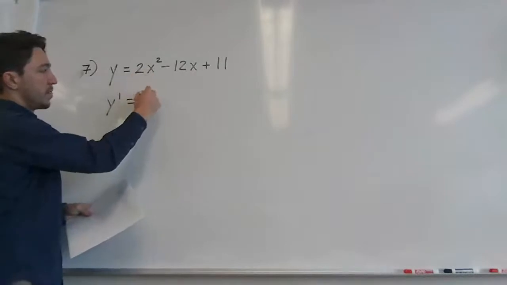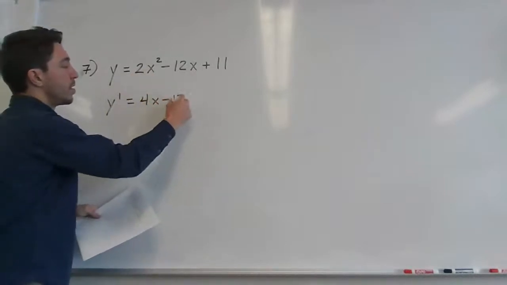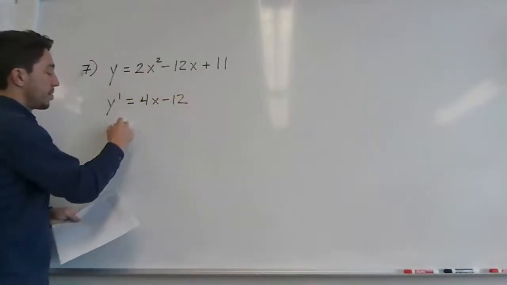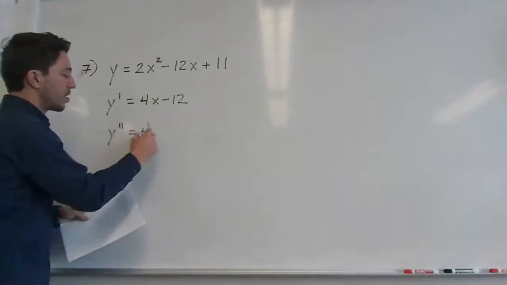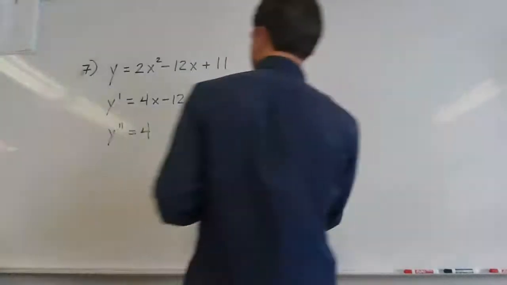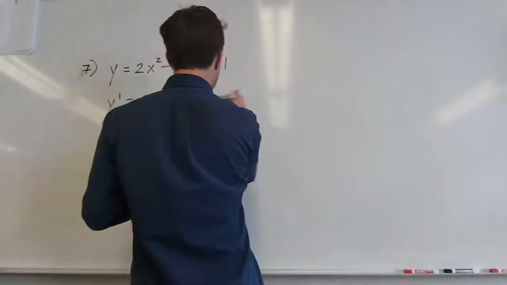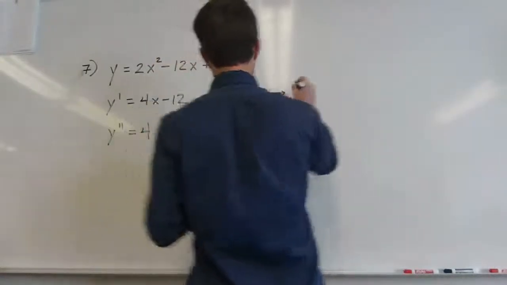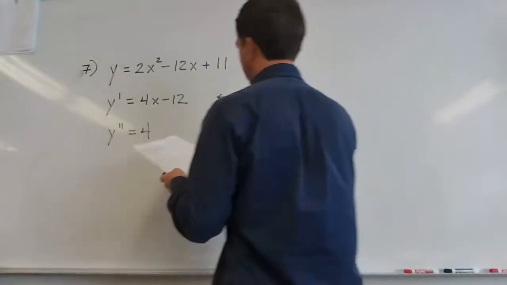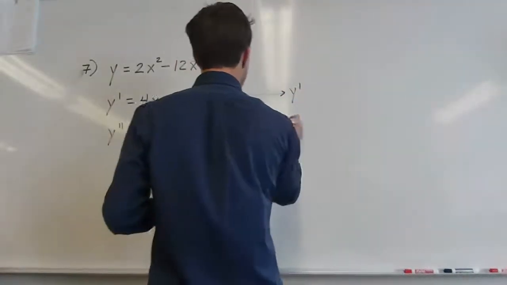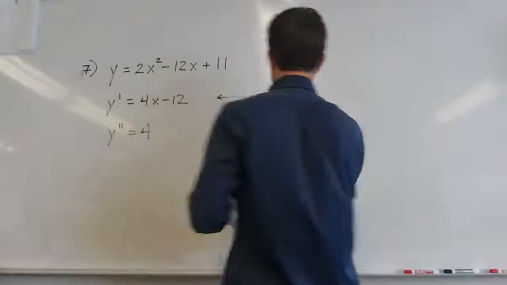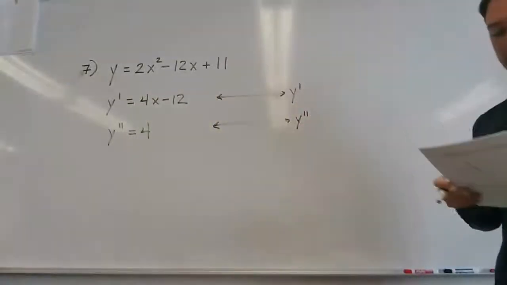The derivative is 4x minus 12, and then the second derivative is just 4. In this case it's actually a y prime number line, not really an s prime number line, but you get the idea: the first derivative number line and a second derivative number line.